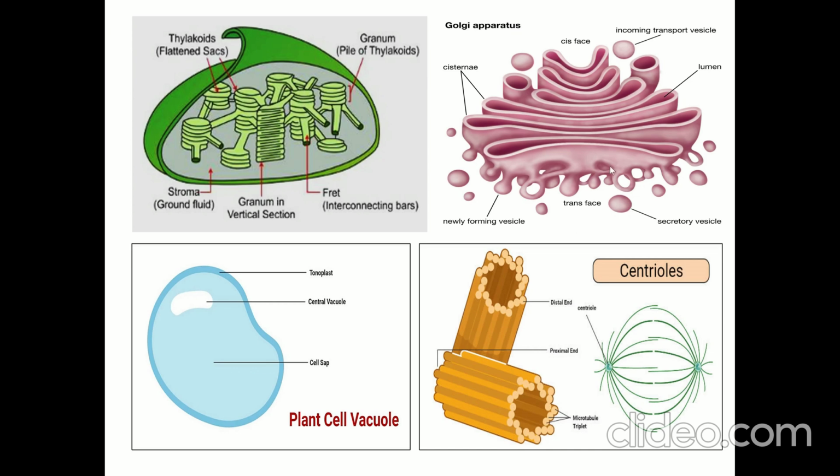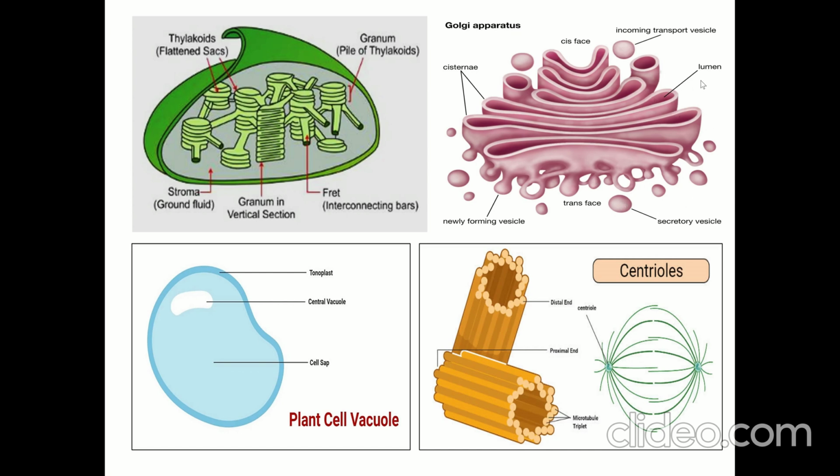This Golgi apparatus is responsible to secrete some kind of vesicles, wherein the proteins can be packed in the form of vesicles, and it helps in transport of those embedded in the vesicles to different target sites.